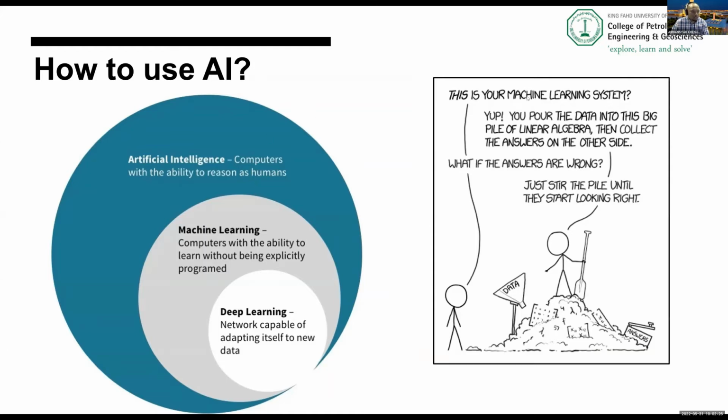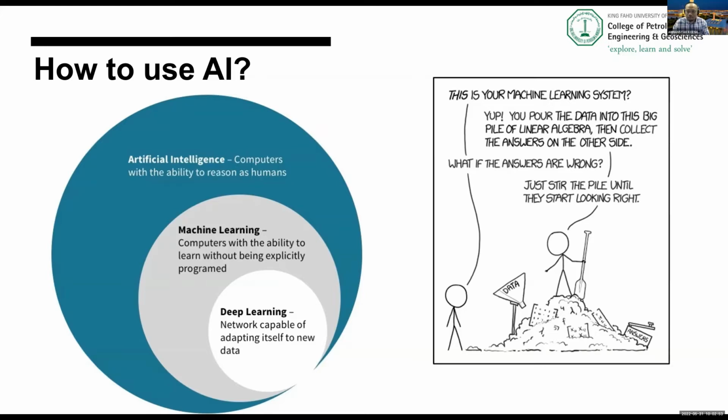So this is quite an interesting cartoon, which I think is quite applicable to what we have today, right? Typically, this is the way we look at how we can use machine learning, or AI. Some people will say, okay, we have this machine learning system, and you just pour this big pile of data in, and also apply different algorithms.